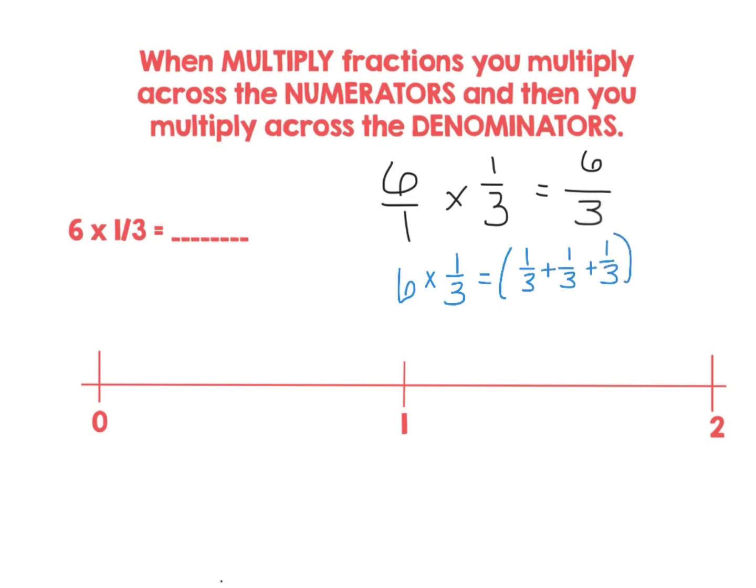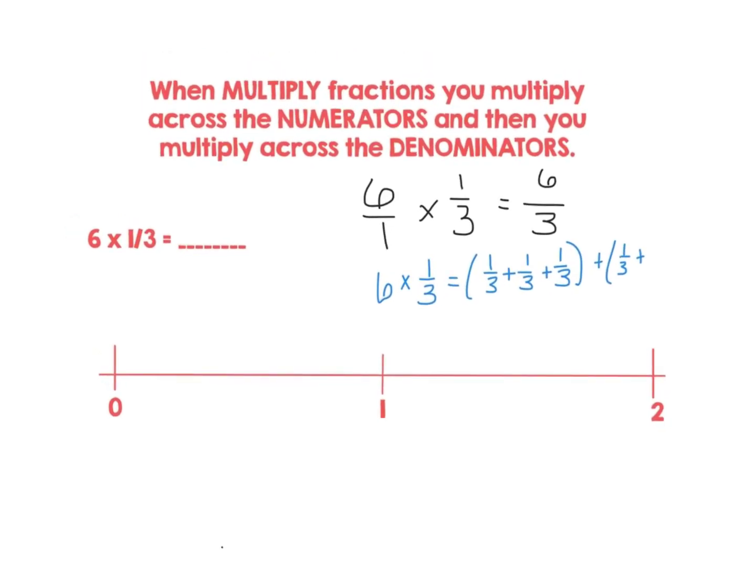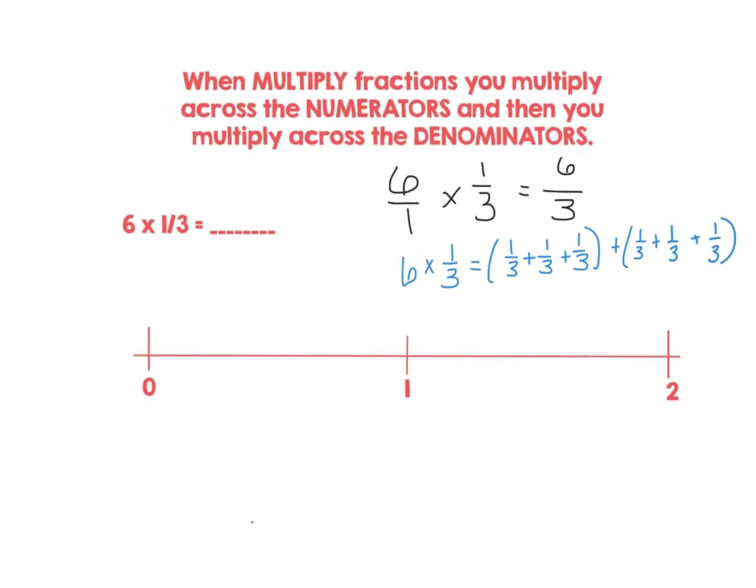That's a whole because I have 3/3 plus 1/3 plus 1/3 plus 1/3. That's another whole because I have 3/3, and I'm going to represent that on my number line. I'm going to represent that I'm breaking my units into thirds.